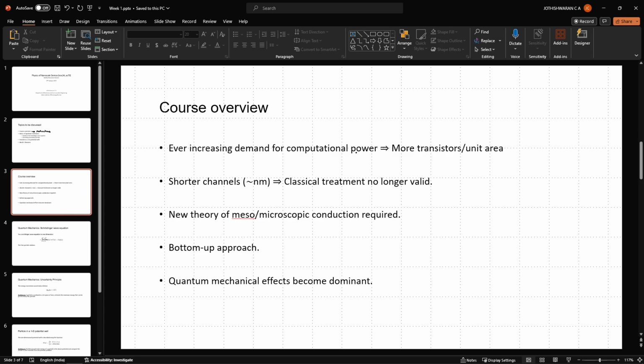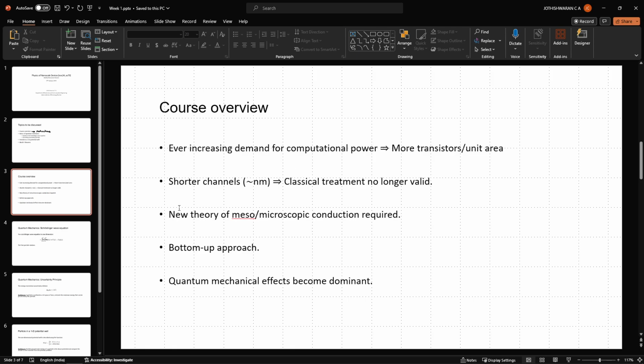That implies that in a given chip or device of a certain size, I will need more and more fundamental computational units to increase the computational power of the device. That implies we will have more transistors per unit area. Now, to increase the number of transistors that can be packed into a given unit area or unit volume, we will have to reduce the dimensions of the transistors themselves. That implies we will have to construct short channel transistors.